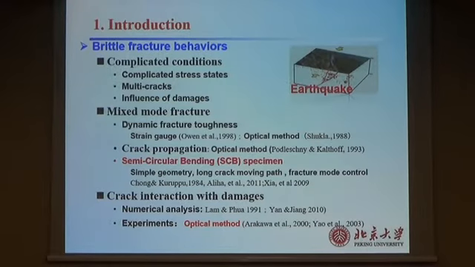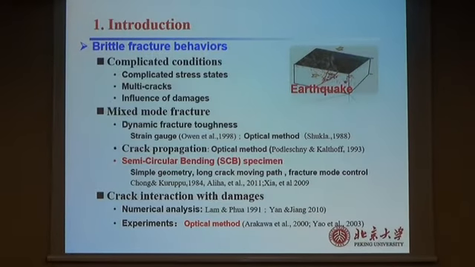And if we think about some kind of geological material structure, they always have multiple cracks inside, and there are some holes or damage around the crack, the moving parts near the crack tip. So this makes the fracture behavior more complicated to understand.